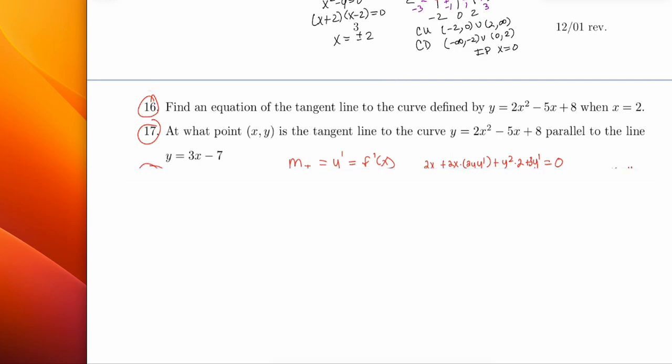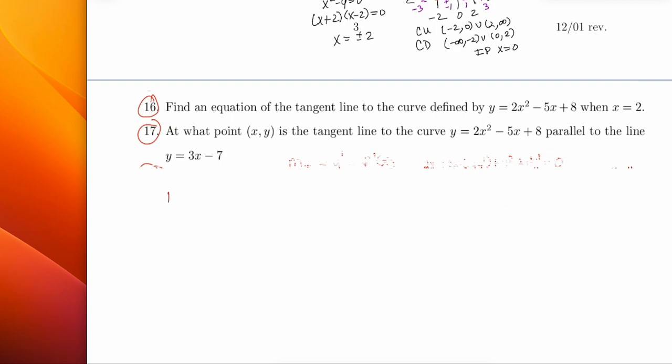It says, find an equation of a tangent line to the curve when x equals 2. Now, you might recall, I think this is one we actually got to finish the vocab.